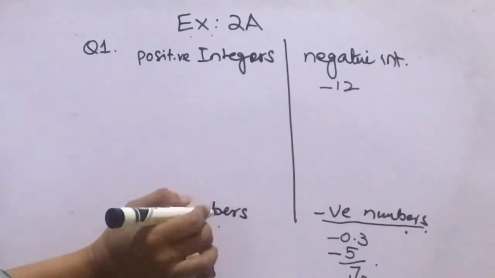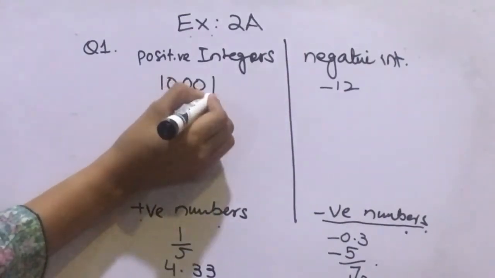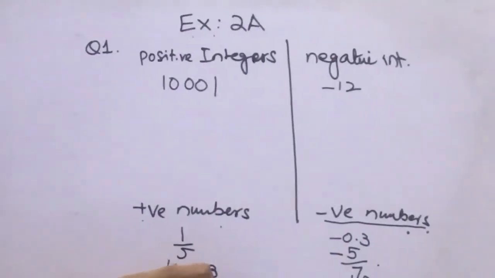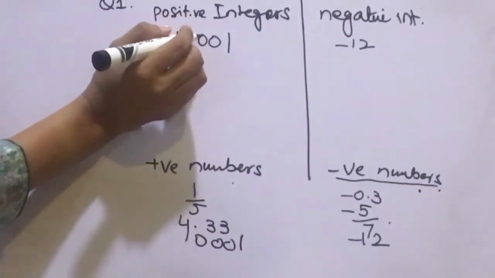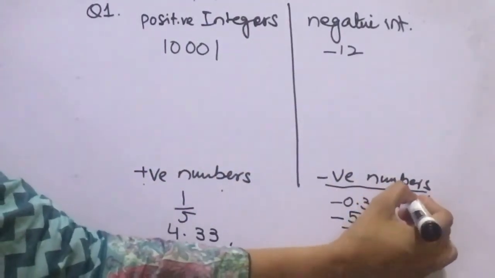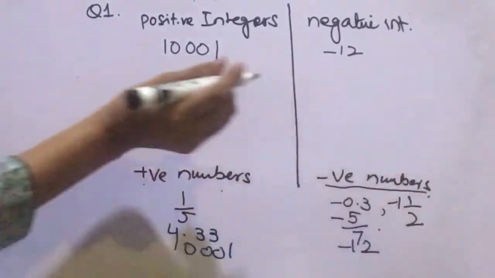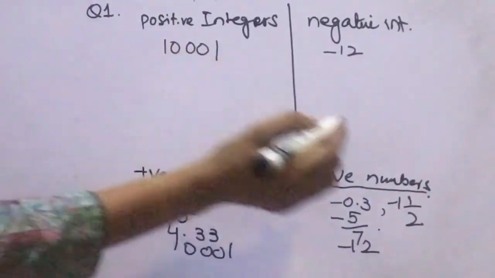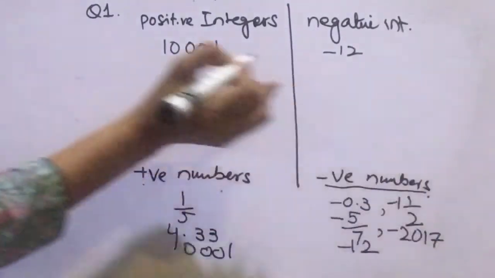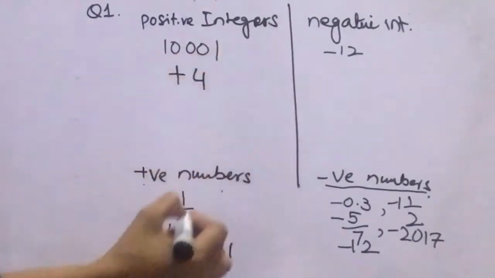Next is 10,001. It's a positive integer and also a positive number. Next is -1/2. It's a fraction and a negative number, so it will lie under the head of negative numbers. -2017 again, and 4. It's a positive integer and also a positive number.